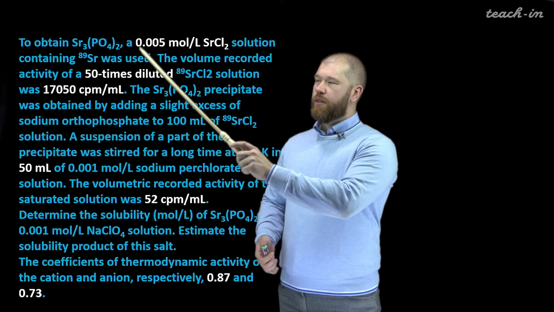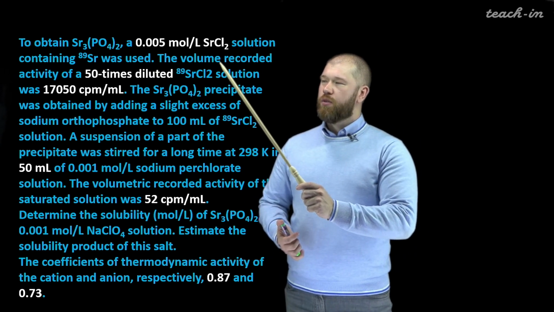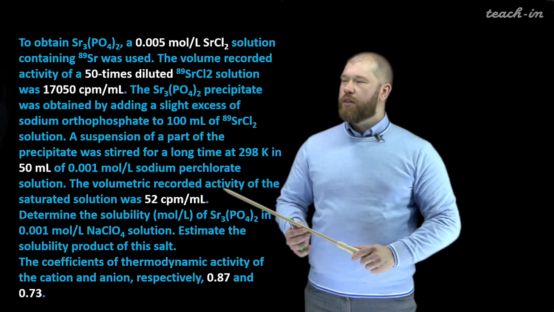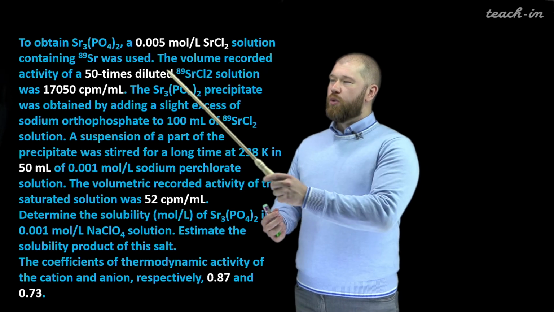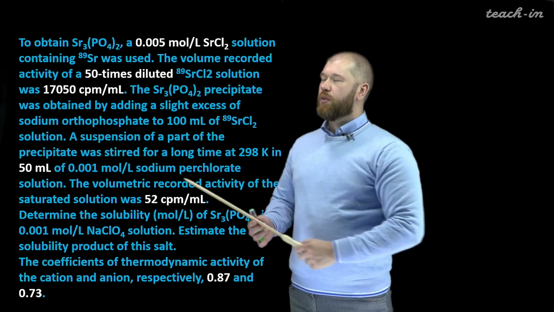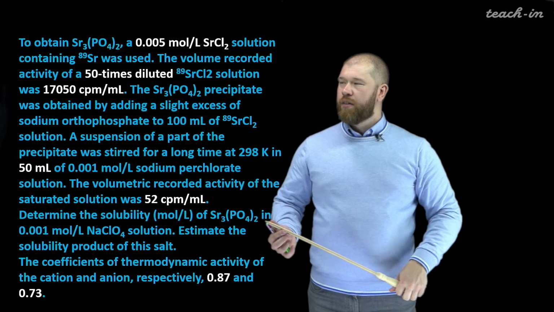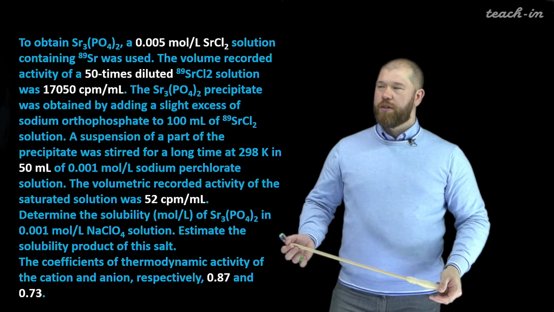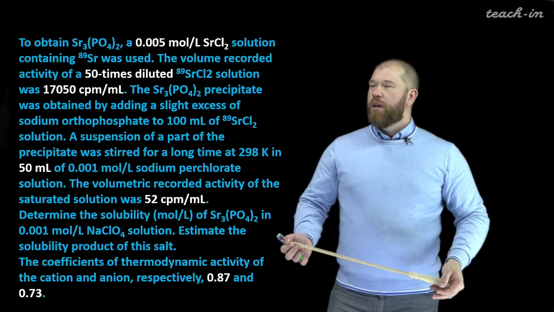First, to obtain this strontium phosphate, a strontium chloride solution with a certain concentration of strontium chloride was used with some content of strontium-89, that is a radioactive nuclide, a radioactive isotope of strontium.